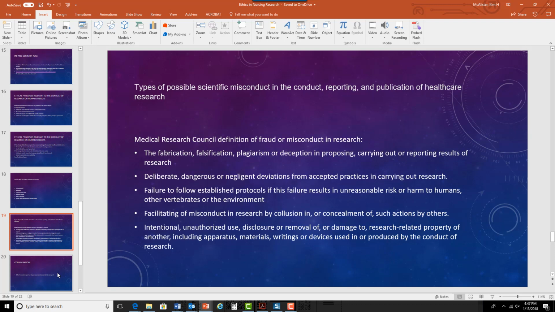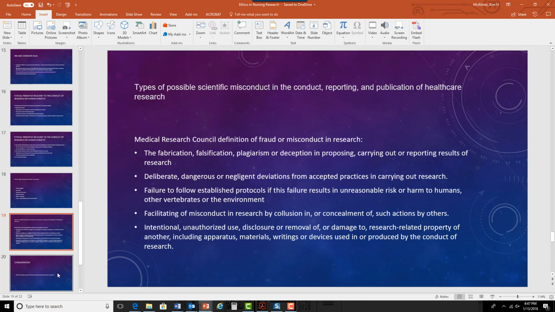Deliberate, negligent, or dangerous deviations: you have to carry out the research the way that you say that you're going to. And the way that you conduct the research has to be something that is normal practice. Failure to follow established protocols, if that failure resulted in harm to someone or to the environment.